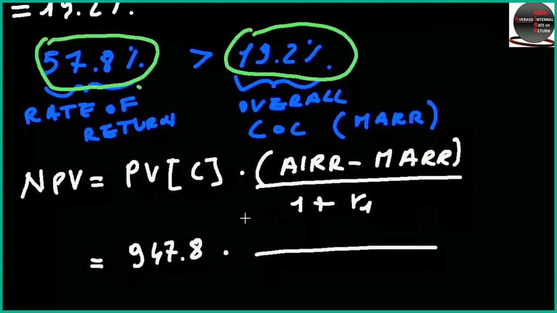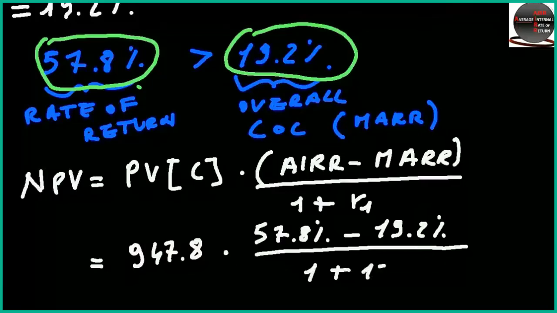Then we have the 57.8% rate of return. We deduct 19.2%, which is our benchmark rate. We discount by 50%, and we get the net present value. And the net present value in this case is 319.1. It is positive, which confirms that the project creates value.